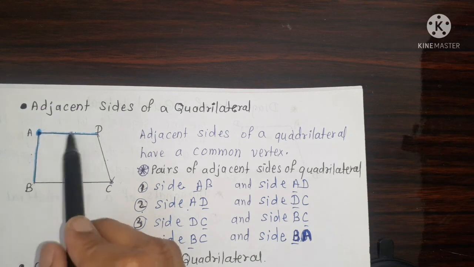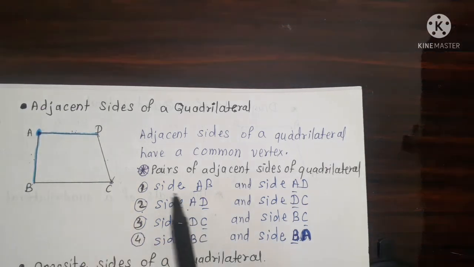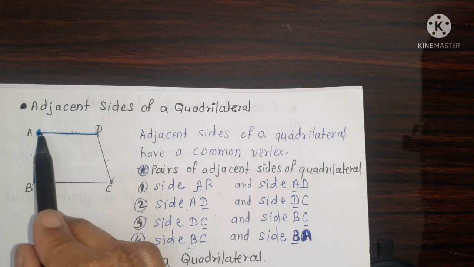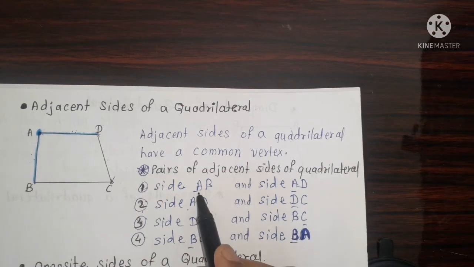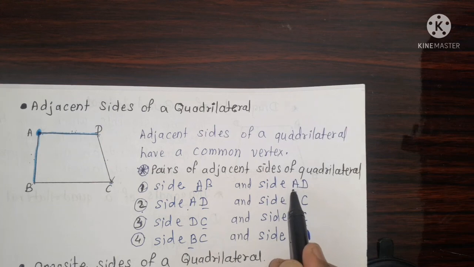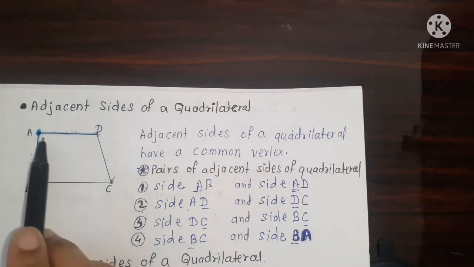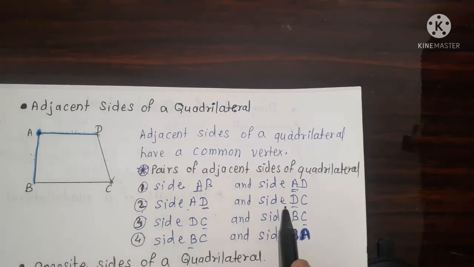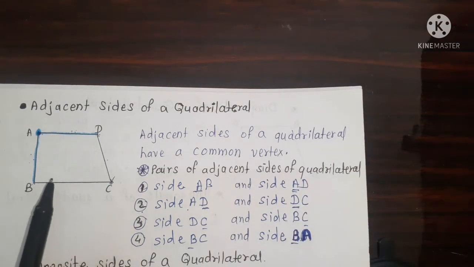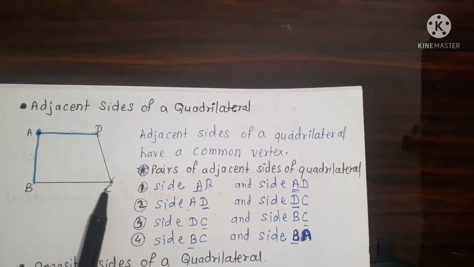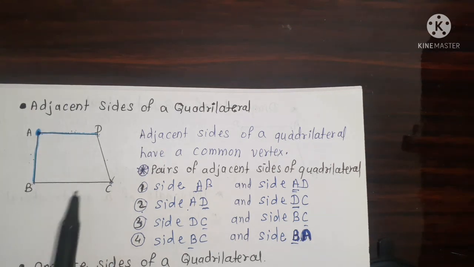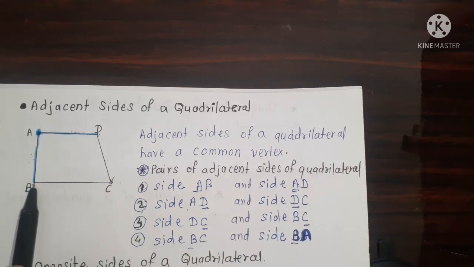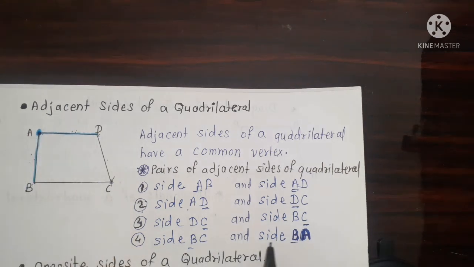First, side AB and side AD are adjacent sides and their common vertex is A. Second, side AD and side DC are adjacent sides and their common vertex is D. Third, side DC and side BC are adjacent sides and their common vertex is C. Fourth, side BC and side BA are adjacent sides and their common vertex is B.